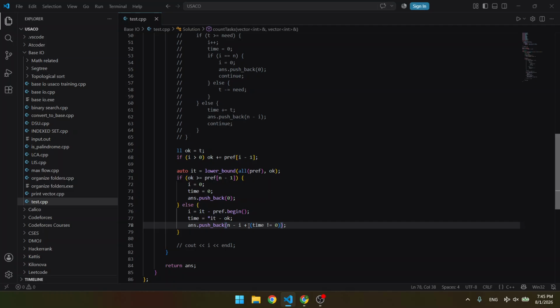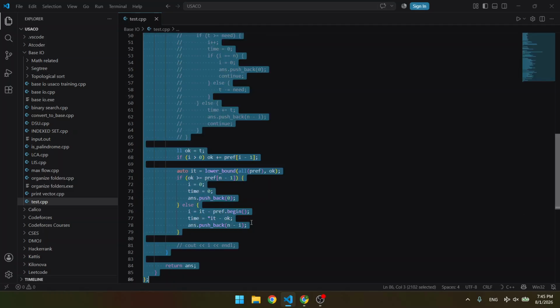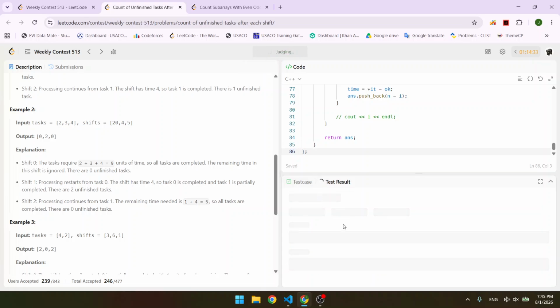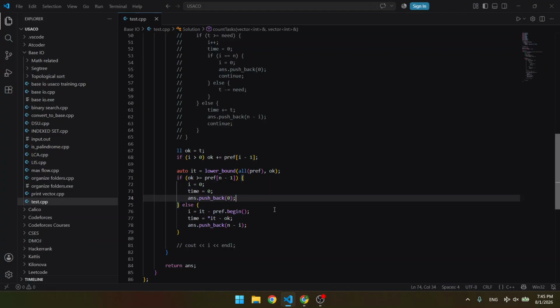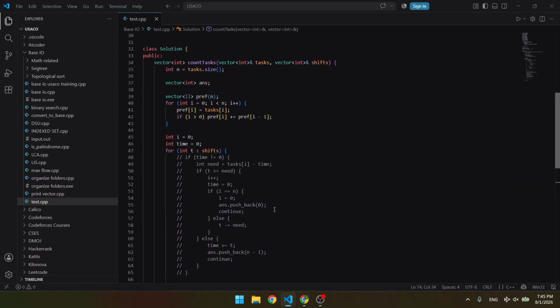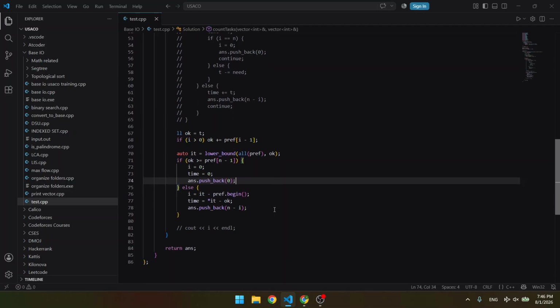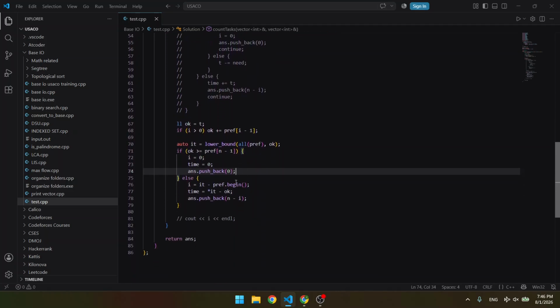Two, three, one. So this is the time needed for the previous ones.